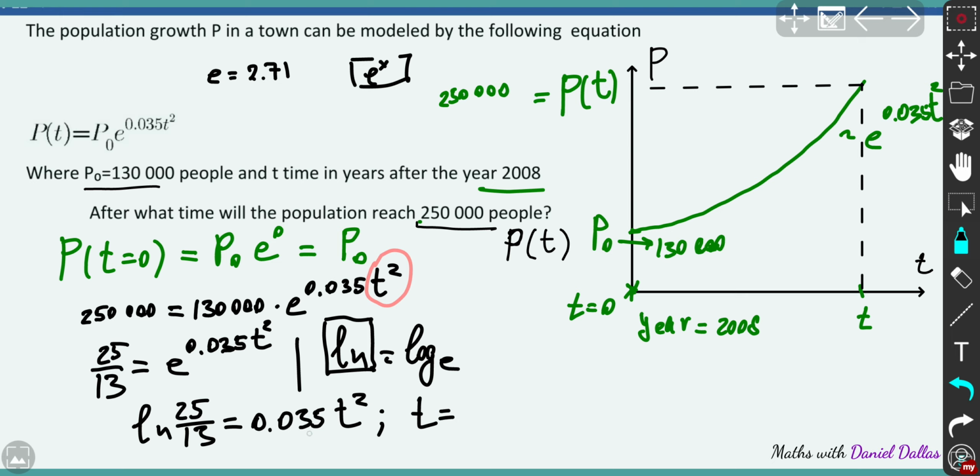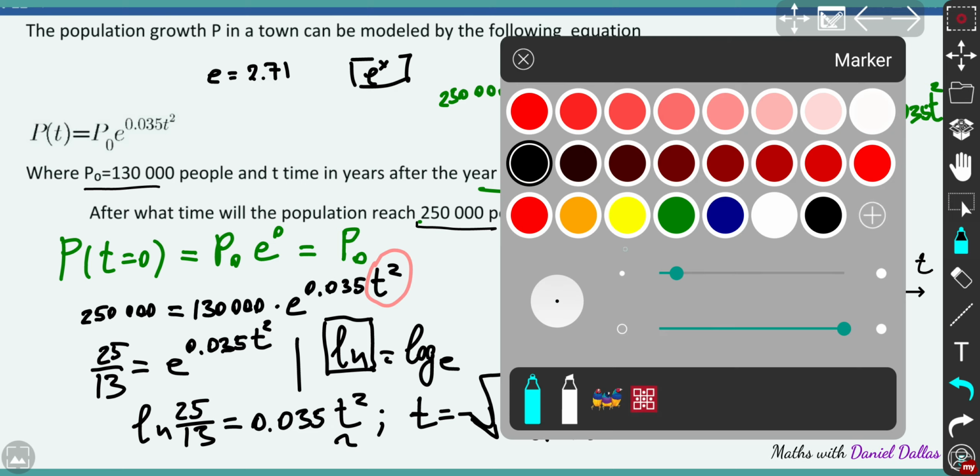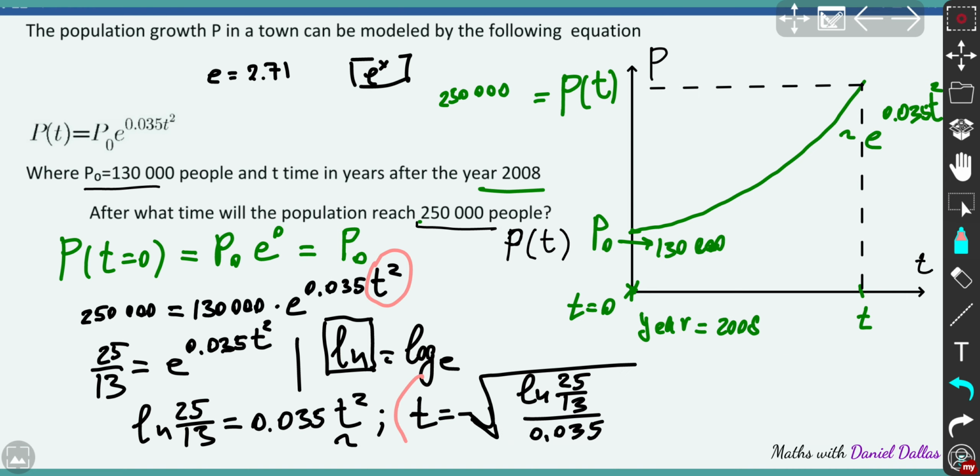So we're taking the square root of ln of 25 over 13, divided by 0.035. So basically we make rearrangements to make t the subject.